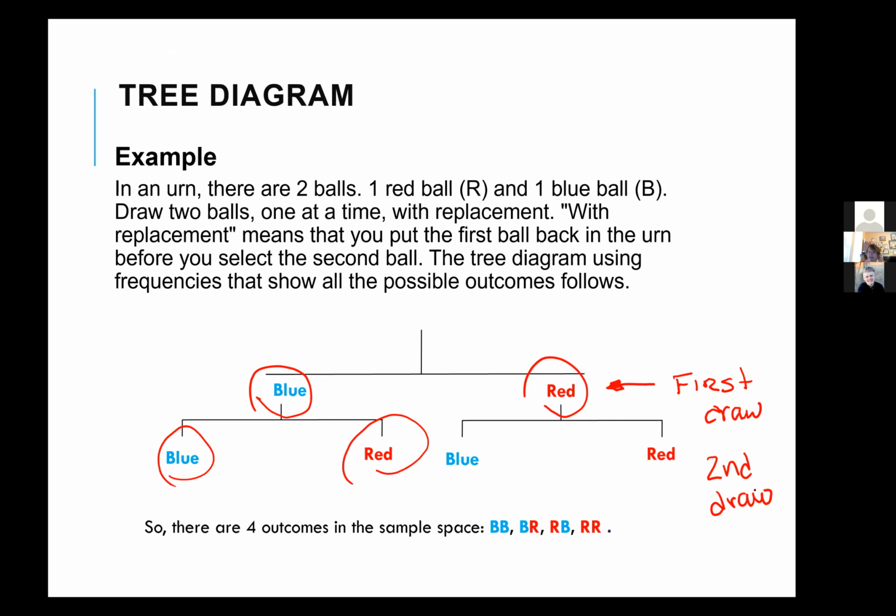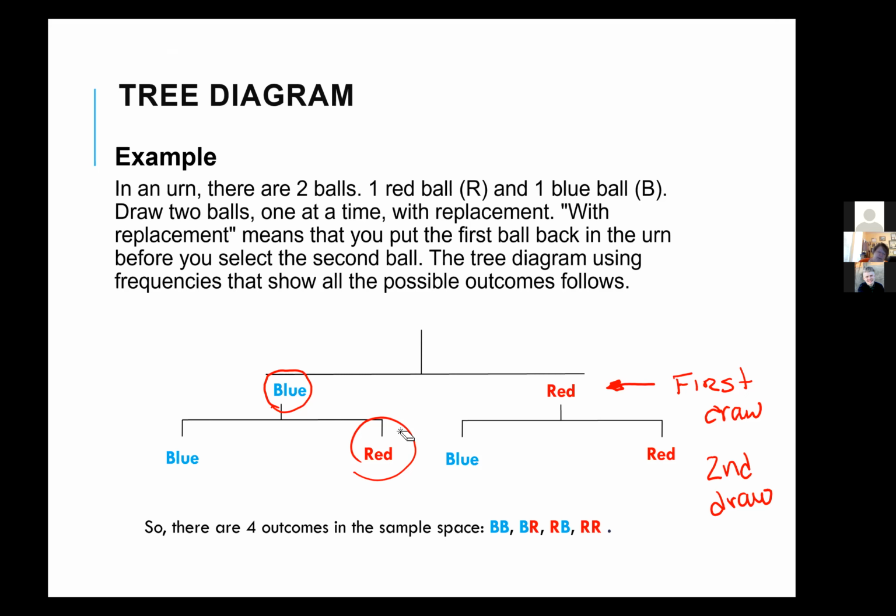So the sample space, the four possible outcomes are, you could get both blue. So you could draw a blue one, then a blue one. Or you could draw a blue one and you could draw a red one. So you could get blue, blue, or blue, red. Two possible outcomes.